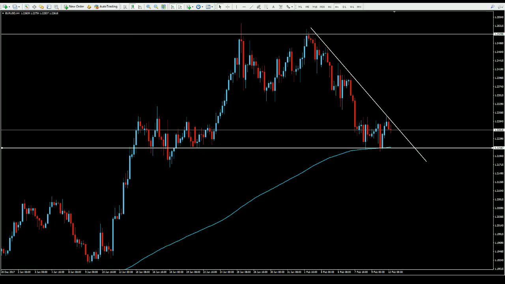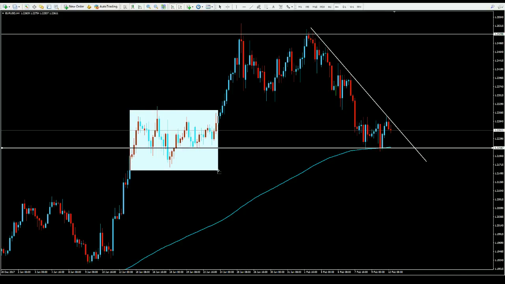So why is this interesting? Because first of all, we can observe a pattern here. Let's see if I find it. Shapes, rectangle. If we look at this area here, this was also pretty sideways, right?